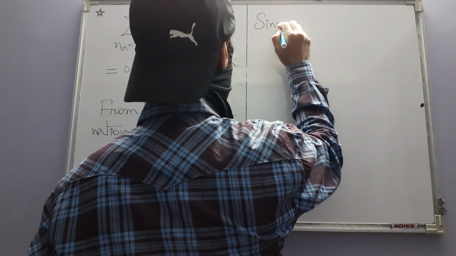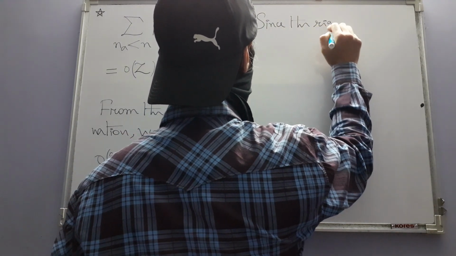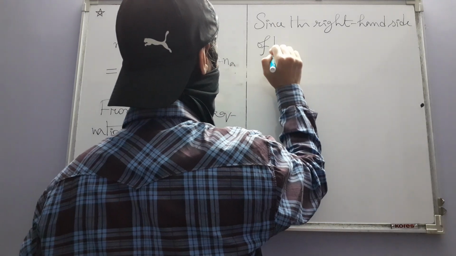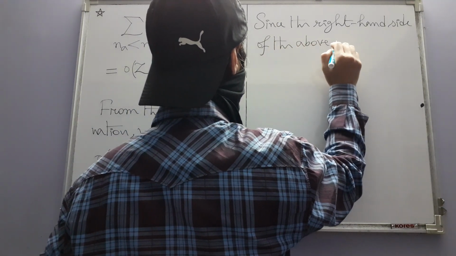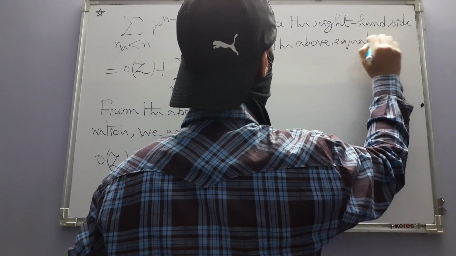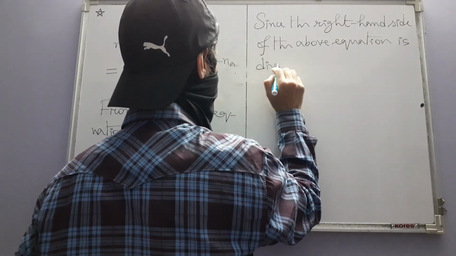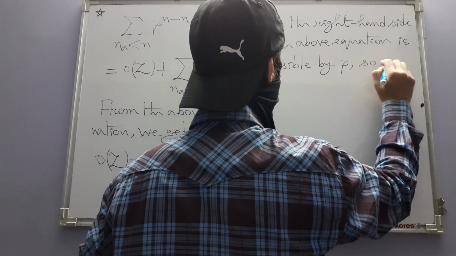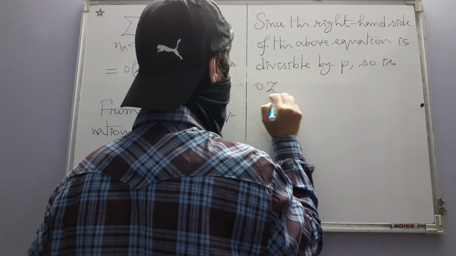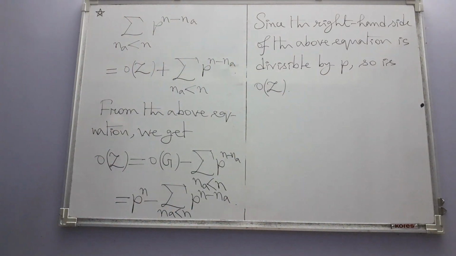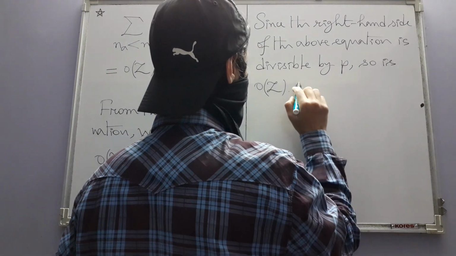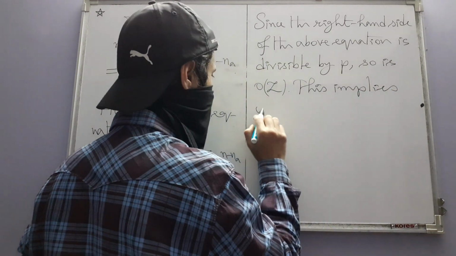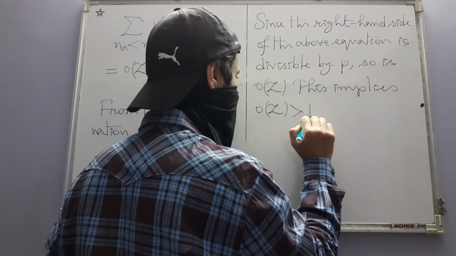Since the right hand side of the above equation is divisible by p, so is the left hand side, that is the order of Z. This implies that this has to be greater than 1.